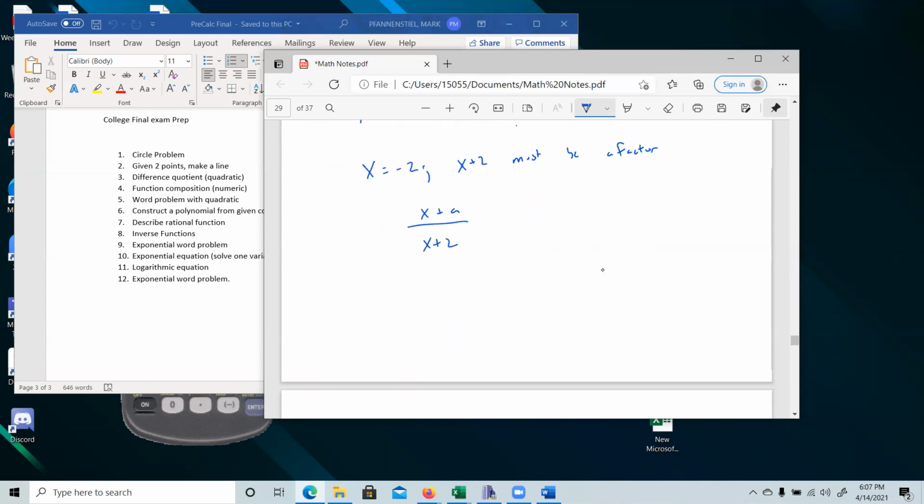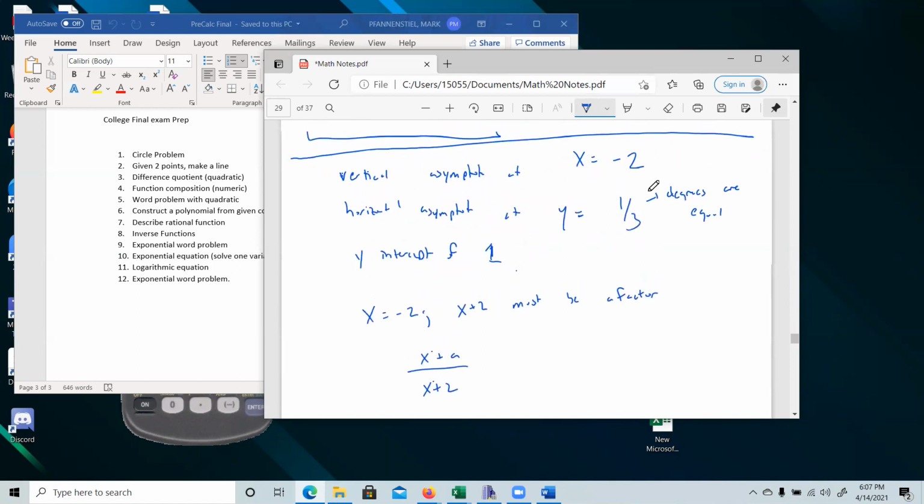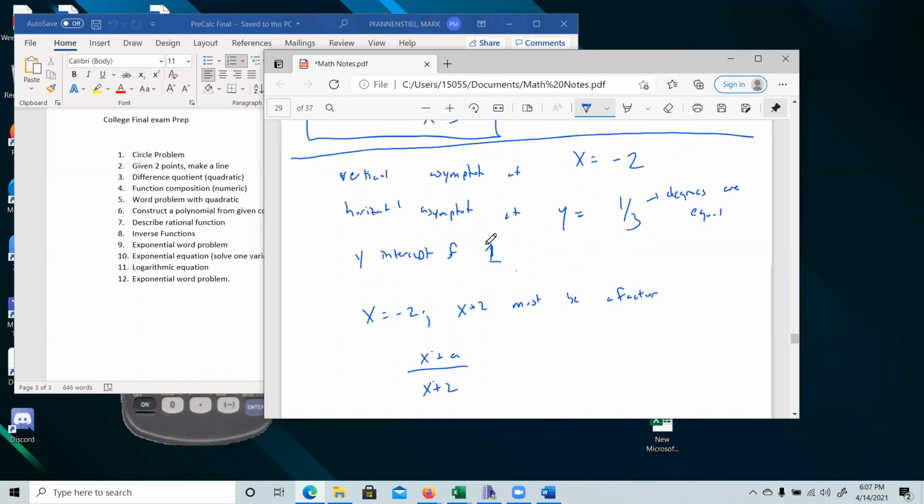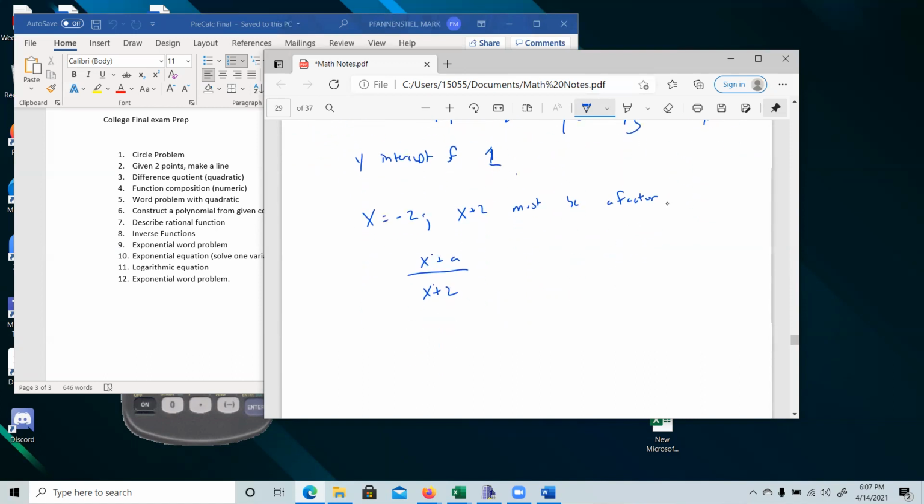Because this degree here has to be the same as that one. That's the only way we're getting a horizontal asymptote. And then the last thing we could do is say, well, oh no, it was 1/3. So the degrees are equal, but this ratio has to be 1/3.